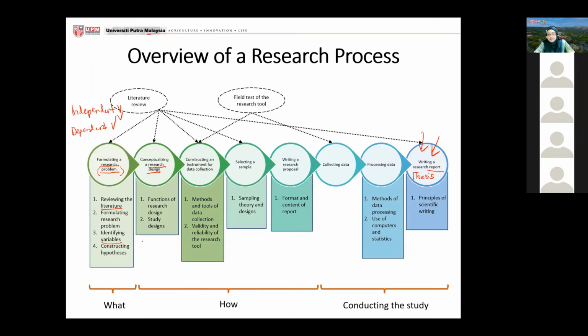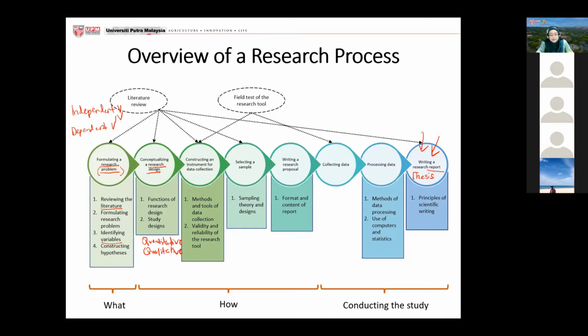And here, if you still remember the one in the Google form, I use the words quantitative and qualitative. These are the two major groups in study design. So it can be quantitative or it can be qualitative.